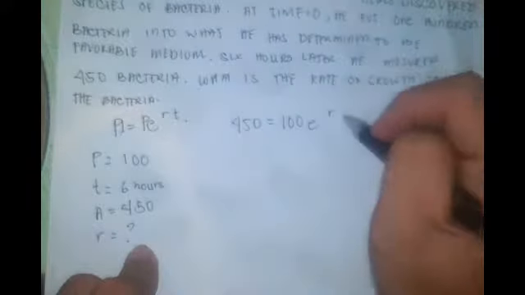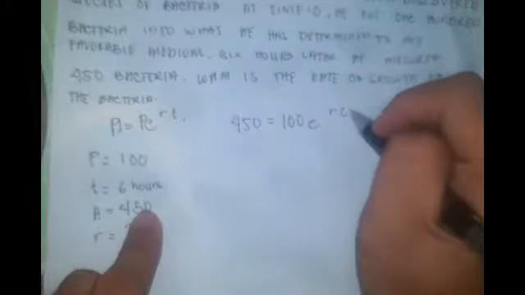To solve, we have to substitute: 450 = 100e^(r times 6).